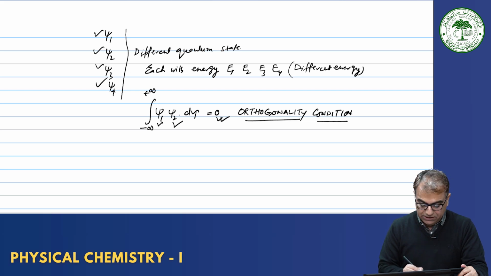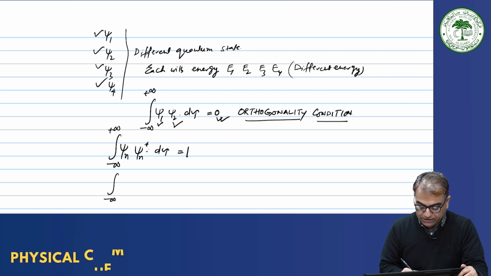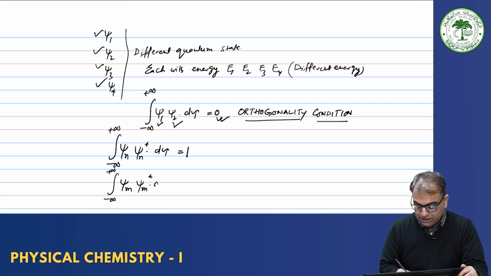So the normalization condition is the integral of psi n star psi n d tau from minus infinity to plus infinity is equal to 1, or for a different quantum state, psi m star psi m d tau is equal to 1.